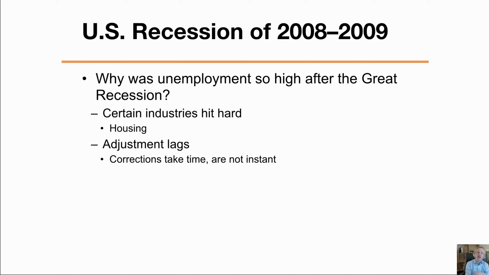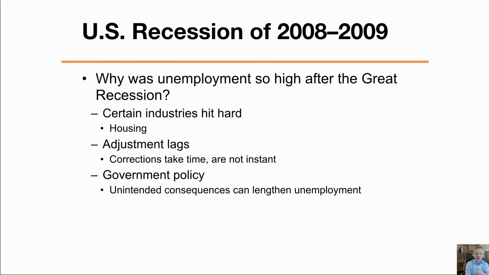Sometimes with unemployment, these things take time to show up in the official numbers. Another could be that government policy could have contributed to the unemployment during the Great Recession. Different unintended consequences of different government programs can lengthen unemployment at times.